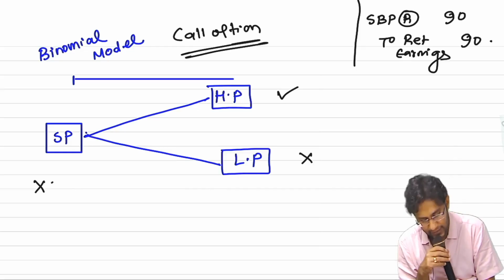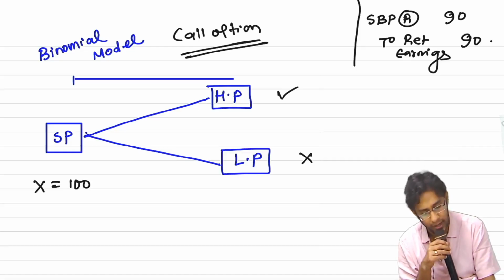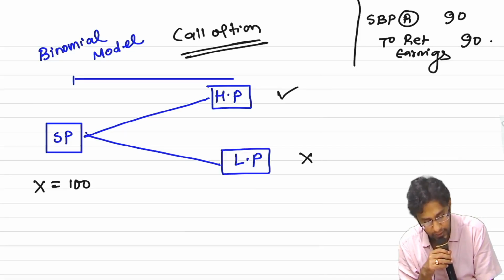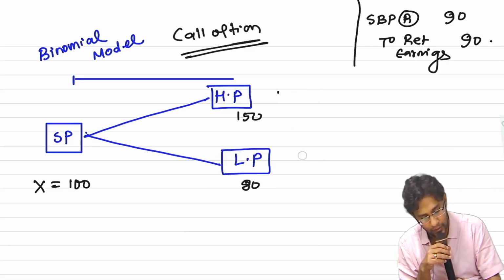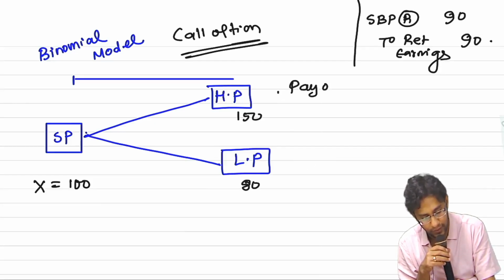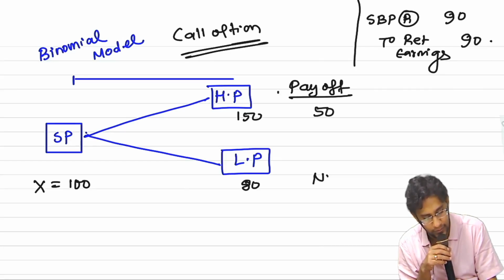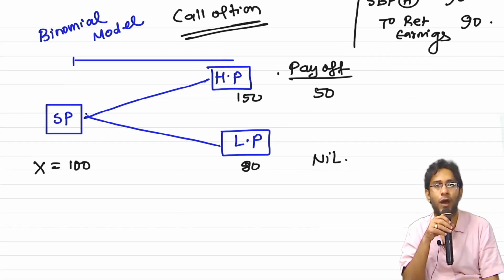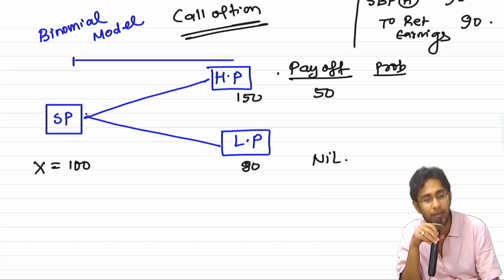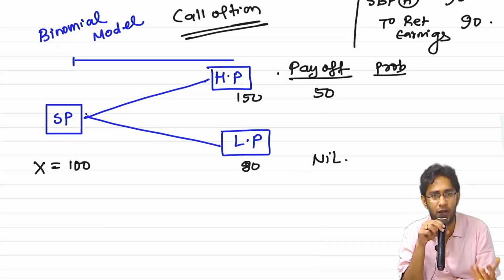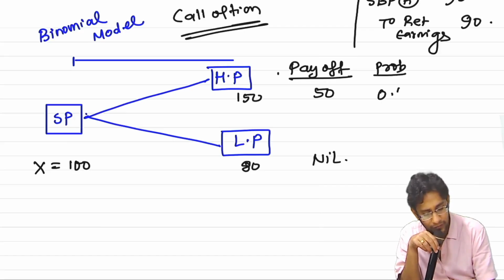Now, suppose the exercise price is 100. The high price is, let us say, 150. The low price is 80. Assuming the option gets exercised on the top side, I get a benefit of 50, whereas here I get nil. If I ask you the value of the option, you will bring probabilities into the picture, risk neutral probabilities. You will say 50 here, 60% here, 40% there.